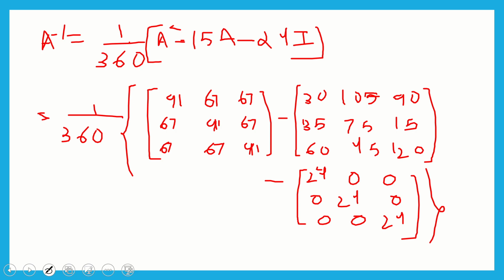Okay, so this is the final step we have to come to, and now you see I'm solving one, the remaining you will do. This is 1 by 360. 91 minus 30, just check these values. 91 minus 30 is 61, minus 24, it's coming 37.